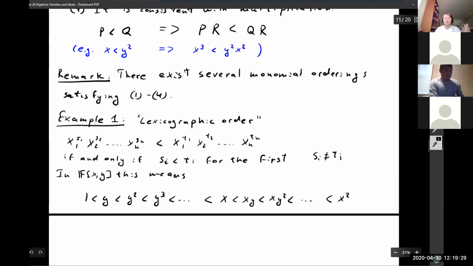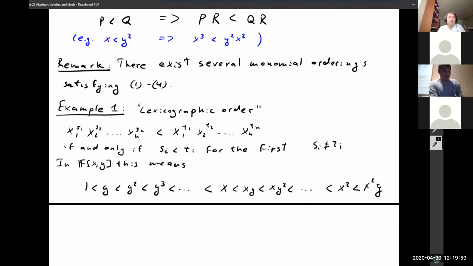So in other words, you first compare the degrees of x, then you compare the degrees of y. When you have more variables, you first compare the degrees of the first variable, then the second variable, and so on. It's an exercise to check that this monomial ordering satisfies all the conditions.